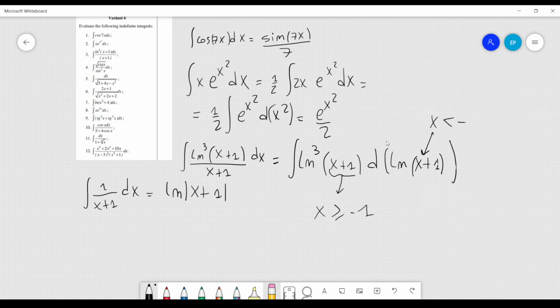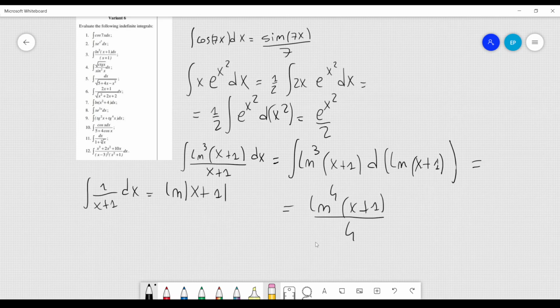So that's why I don't need to put the absolute value in there. This is another simple integral because it's like the integral of x cubed dx, where the variable is the logarithm of x plus 1. So the integral gives me log to the fourth power of x plus 1 divided by 4.